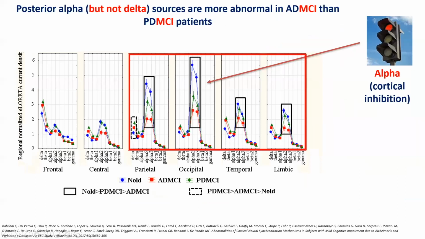In contrast, there is an increase of delta source activity in the parietal region in Parkinson's disease MCI in relation to Alzheimer's disease MCI.